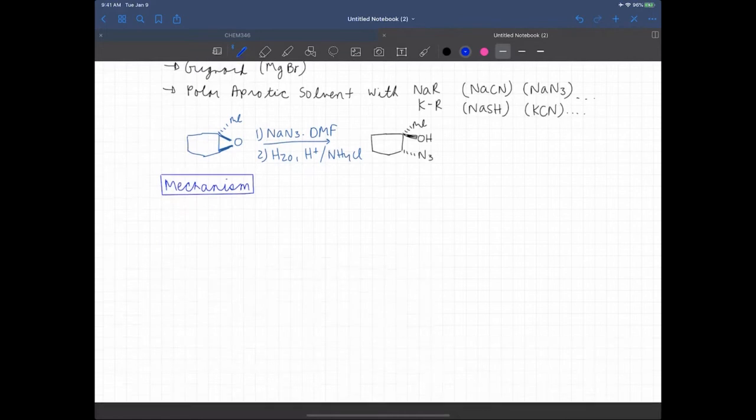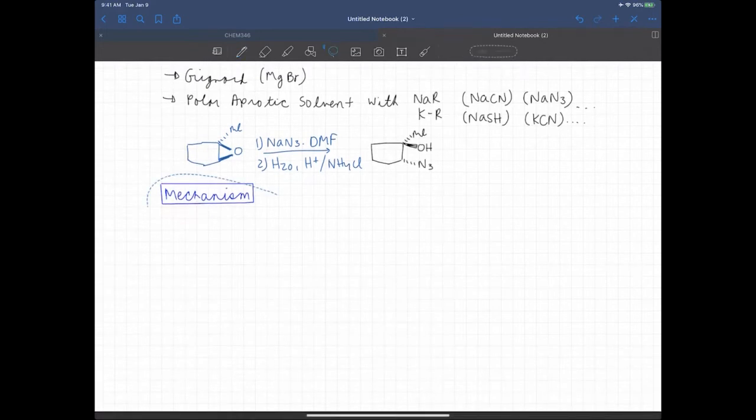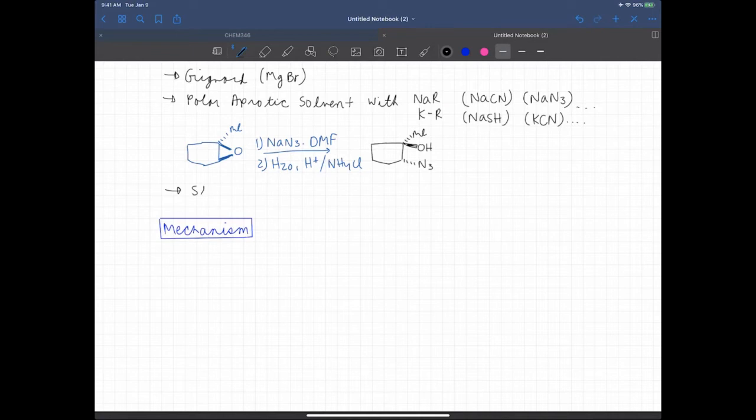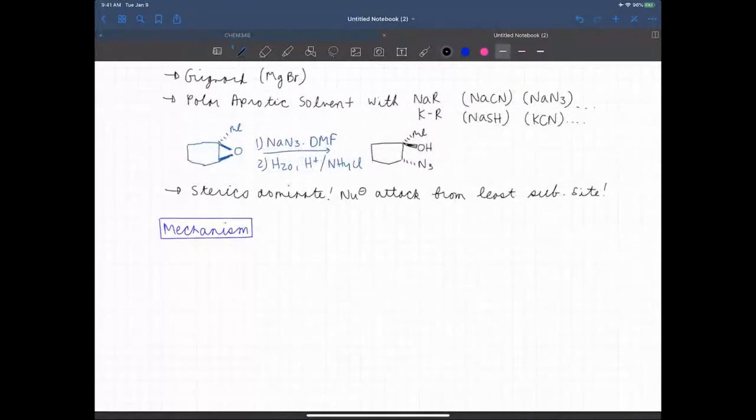So the mechanism, let me write this here. Sterics dominate. Under steric control, the nucleophile is going to attack from the least substituted site, and that's why we get the product that I just drew here.